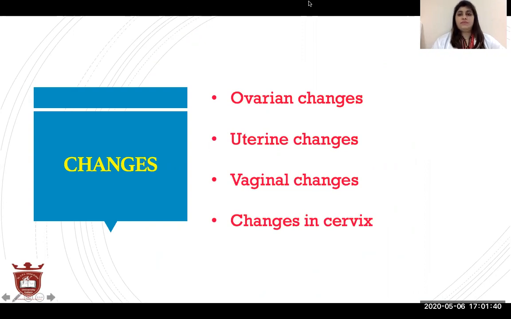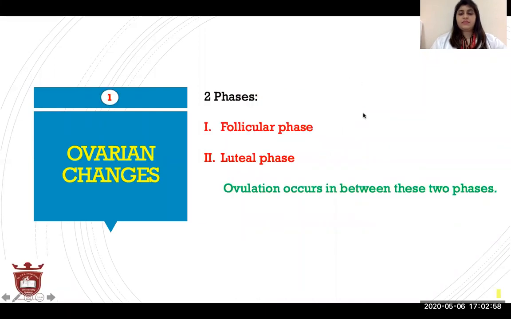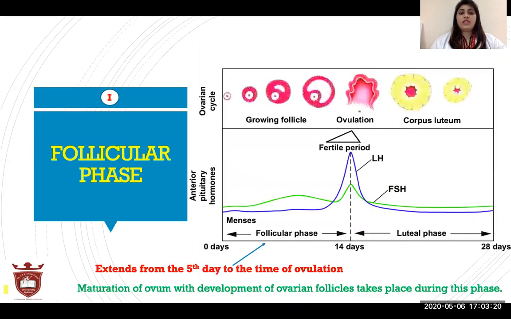During these two phases, the follicular phase and luteal phase, the ovary and the endometrium undergo certain changes, and it corresponds to the secretory phase of the endometrium. For the ovary, the 2 weeks from bleeding up to ovulation is called the ovarian follicular phase.